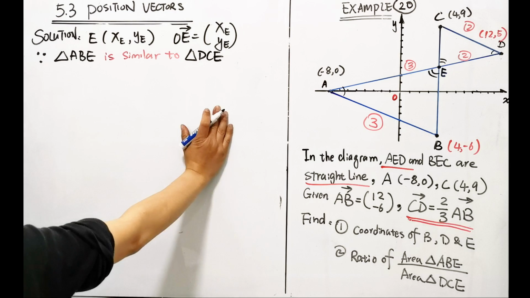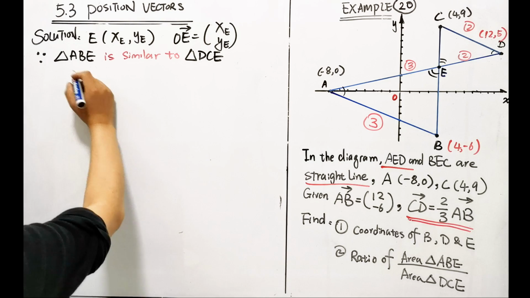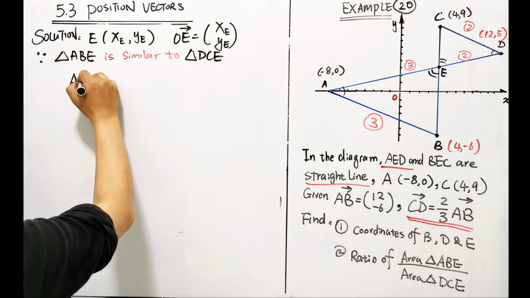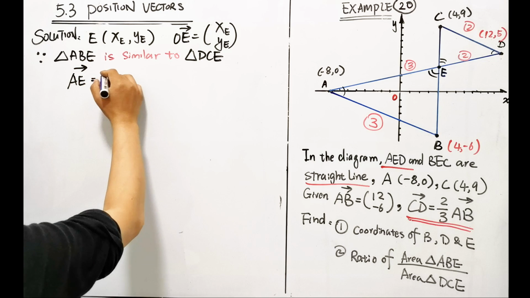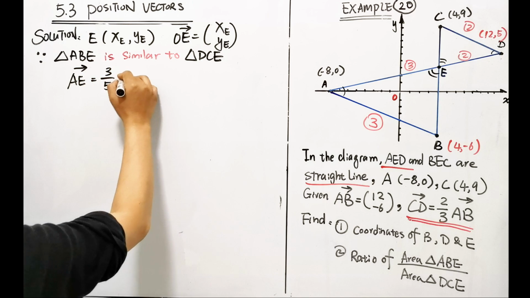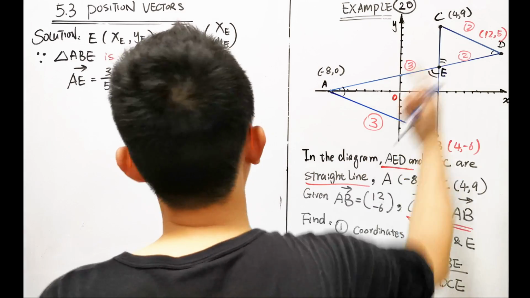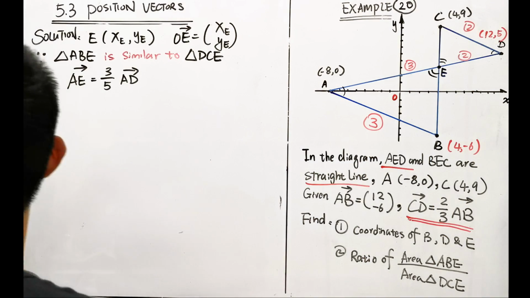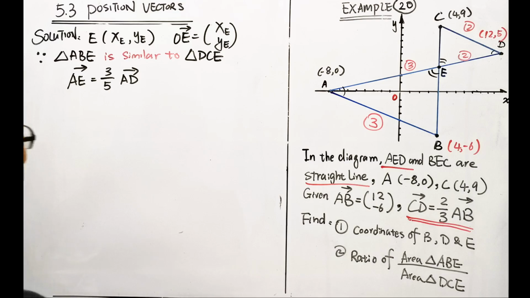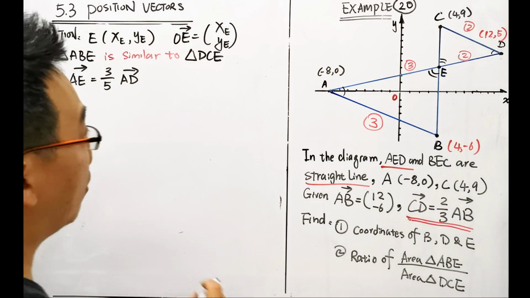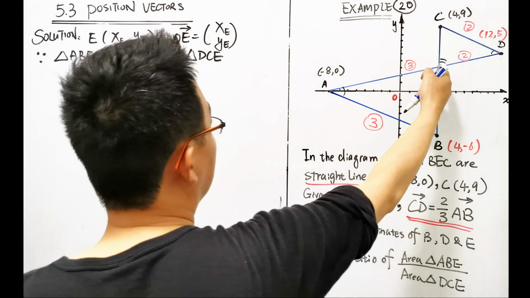Because of this relationship, and just now we also worked out AE equals this, right? Because they are on the same line. So from here now we know a very important concept: to work out the E.